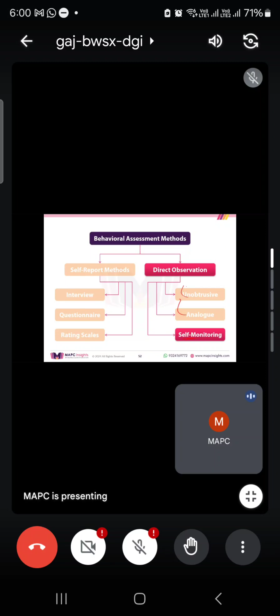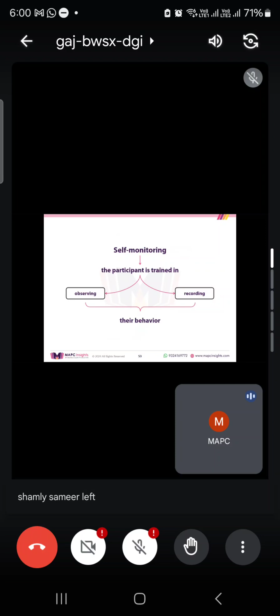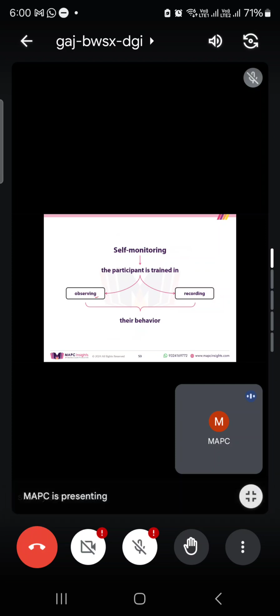And the last one is self monitoring. In self monitoring, the participant is trained in observing and recording their behavior. Here we need to train the subject, train the person how to observe and how to record the behavior. Then only it is done.